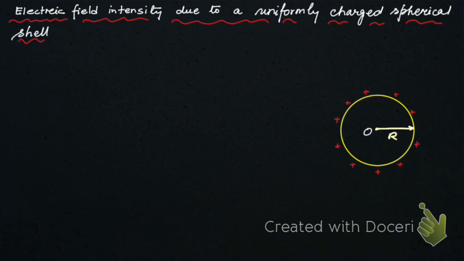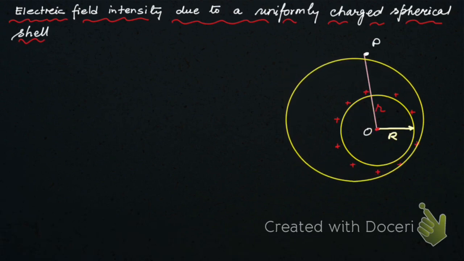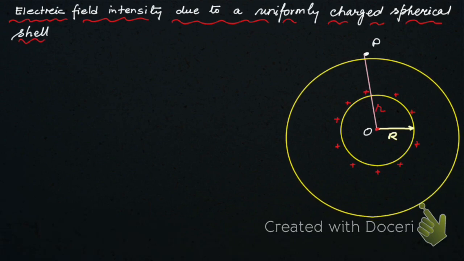Now let us consider a point P outside the shell for the first case, which is at a distance of small r from the center of this spherical shell. And let us also assume a spherical Gaussian surface through this point P. So this is the point P. We have assumed another sphere which will be called the Gaussian surface.